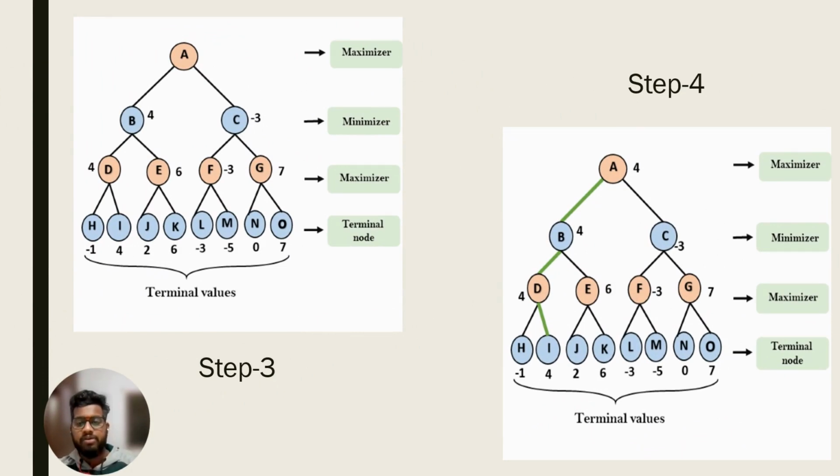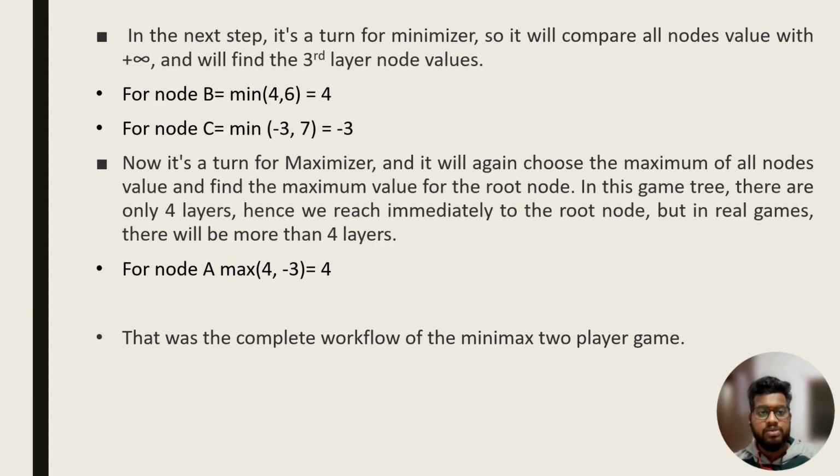Moving forward, proceeding to step 3, as you know that we have obtained the values of D, E, F, G nodes. Now it's the turn of the minimizer. Nodes B and C will be assigned the minimum values among nodes D, E and F, G. So in the next step, it's the turn for the minimizer. It will compare all node values with positive infinity and will find the third layer node values.